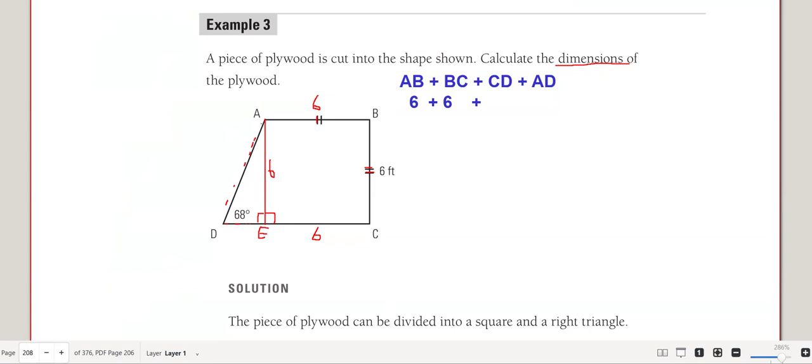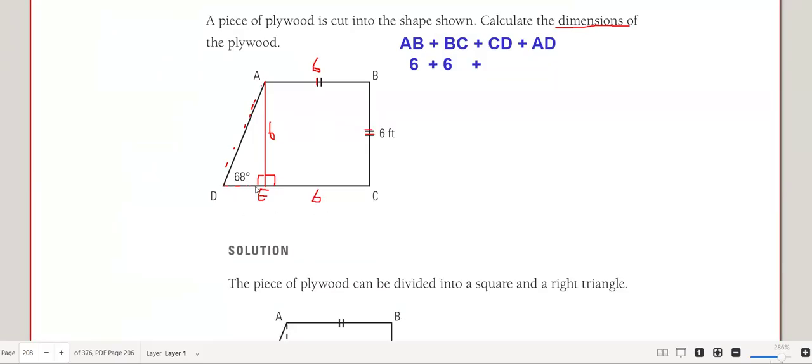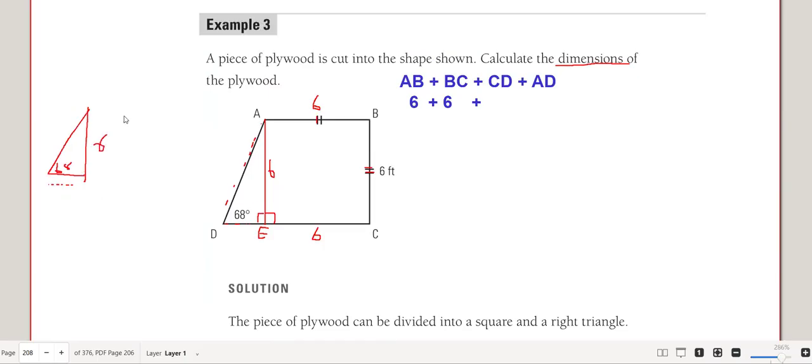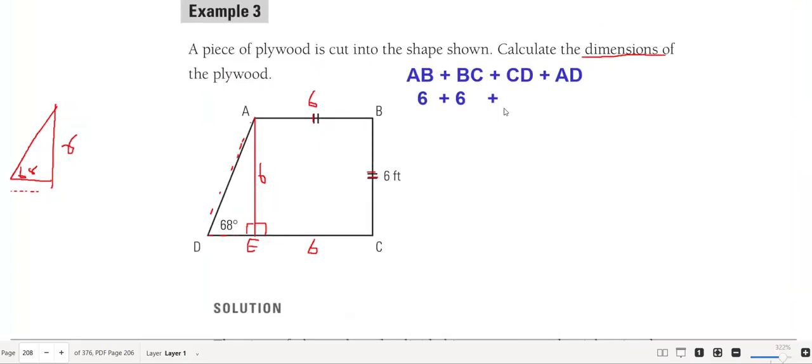So let's think about it. What can I try and find? Well, I need to find this part here. I need to go to this triangle, and I need to find this part here, D and E. So I know this is 68, this is 6. I have two things. I can now find a third. So we're going to find DE, is what I'm going to call this.